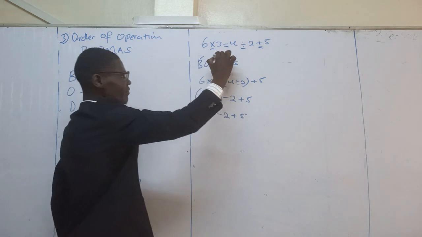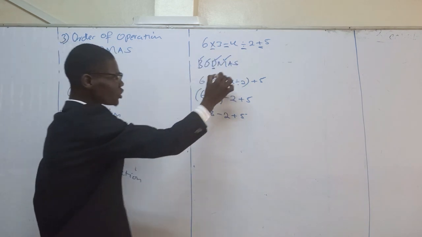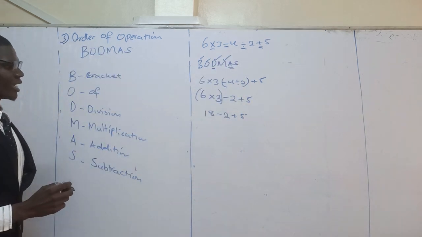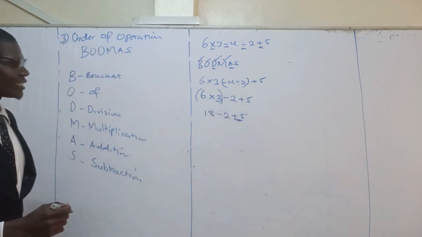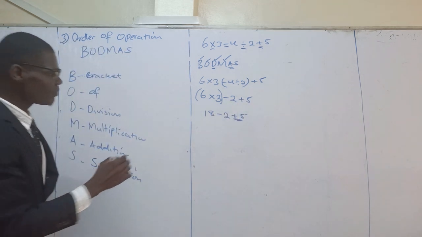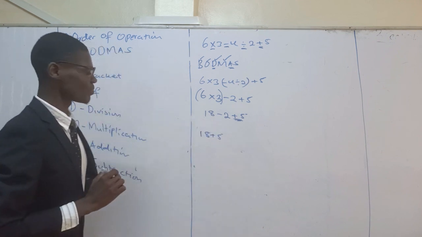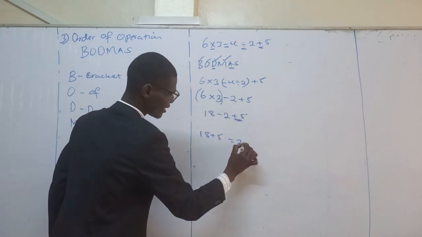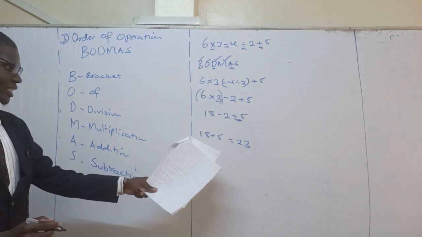I'm done with the division and multiplication, so I go to addition. The addition is here on our last term. 18 plus 5, that is 23.